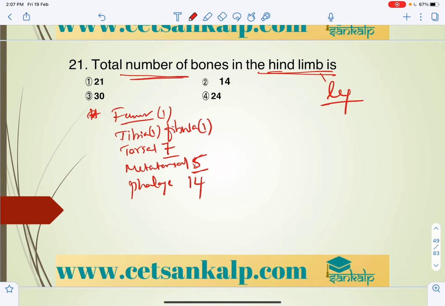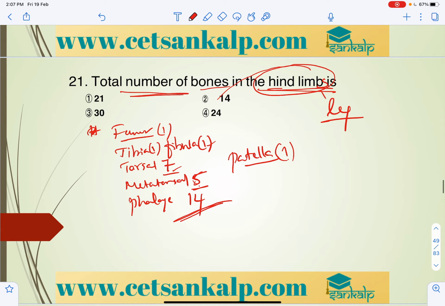If you count this along with the patella, the question is not asking about both hind limbs, you should consider one limb. So 1, 2, 9, then patella 1, 10. This one is 15 and 29, and so the total number of bones in the hind limb is 30.